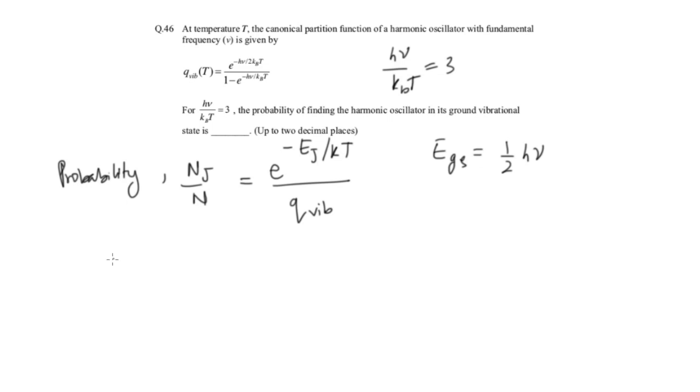So probability p can be given by e to the power minus half h nu by kT divided by q vibrational, which is given to you in the question, right? So that is e to the power minus h nu by 2 kT, or kBT, I'm just writing kT, okay? And the thing which is in the denominator will come to the upside, so I can write it in that form also. So it will be like 1 minus e to the power minus h nu by kT, okay?